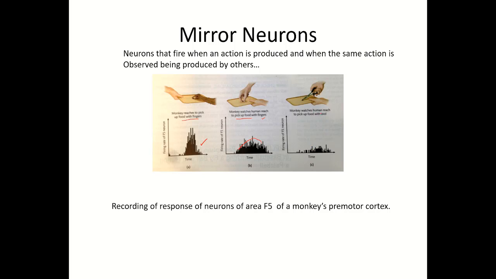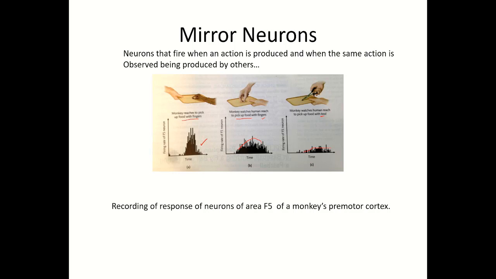And when the monkey watches human reach to pick up food with tool, in this case the response is much weaker. So using hand and doing same task, that triggered the response more. And the mirror neurons, as I told you, even if you hear the sound of the same task, also respond. So they respond to multiple actions.